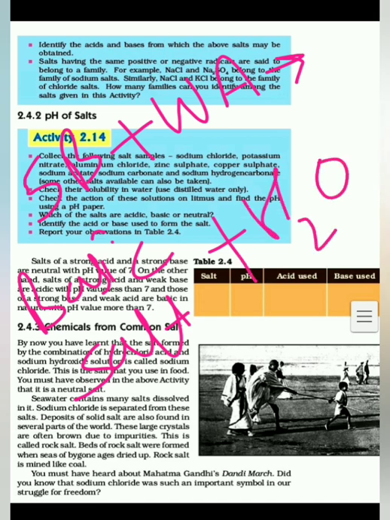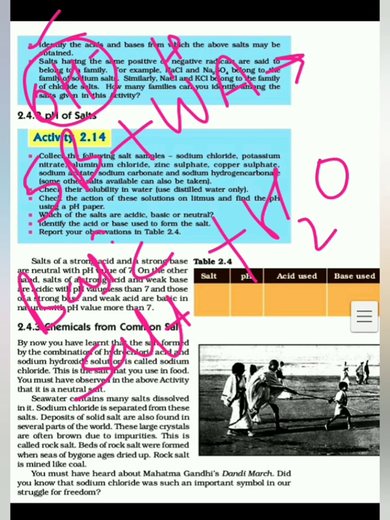Same reason: here we have taken a strong base, so it will dissociate completely into a large amount of OH minus ions, and the weak acid cannot dissociate completely, so the number of OH ions will be more, and the salt which forms will be basic in nature.